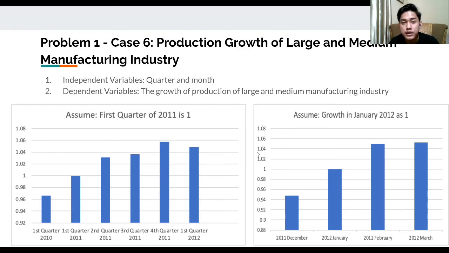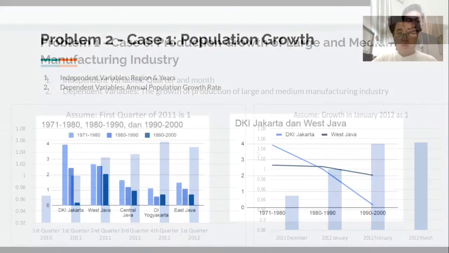However, if we talk about the graph on the right, which is the month base, the graph gradually increases. And regarding the prediction, I think it's also hard for us to predict since the data is too fluctuating. So yeah, we cannot predict it in the future.